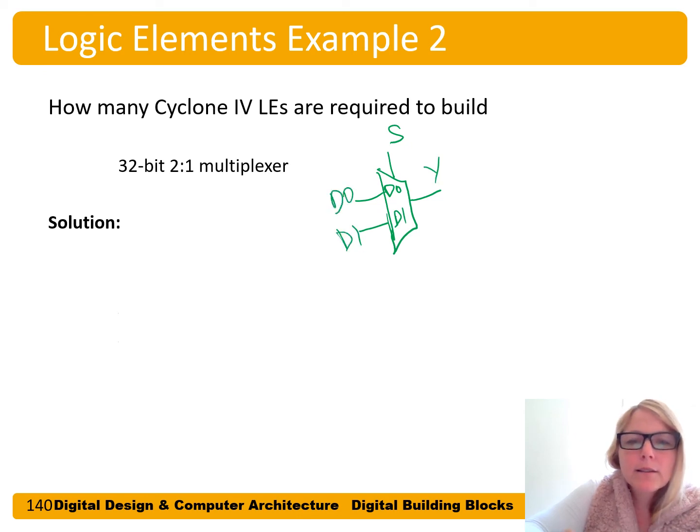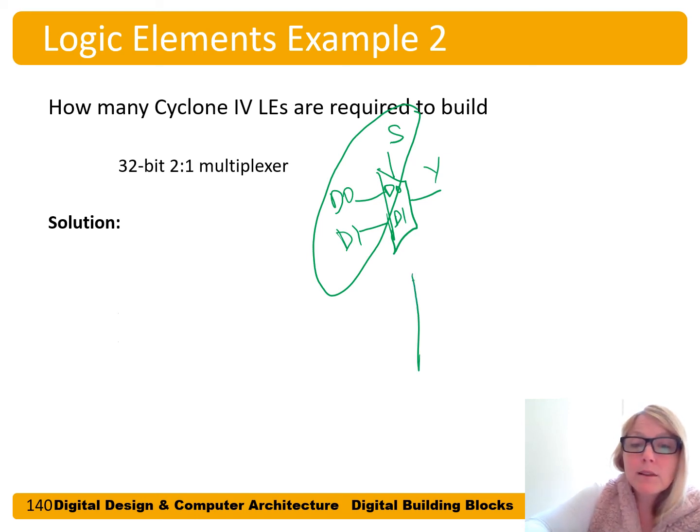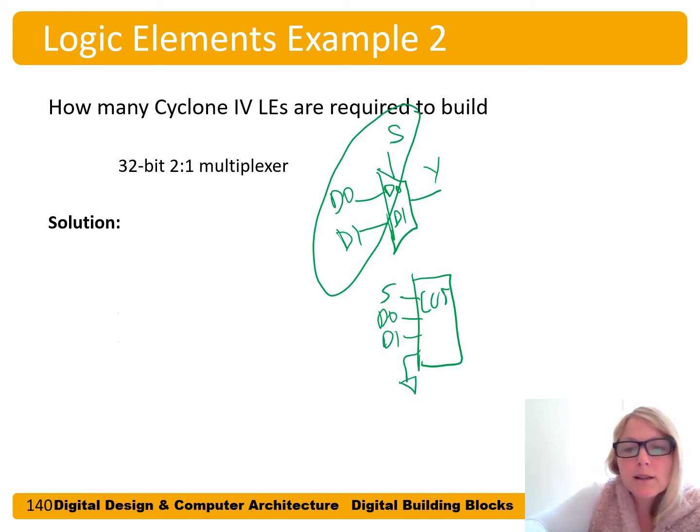Okay, well, to build that with a lookup table, it has 3 inputs, D0, D1, and S, the select input. So we'd need a single lookup table to do each of those. We'd have select, D0, D1, and the 4th input of the lookup table tied to 0.